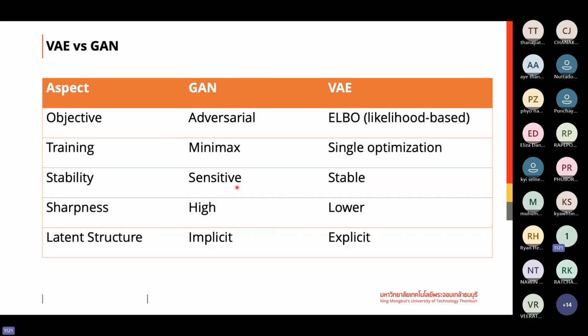By competing with one another, it creates a situation where one may use a shortcut to win, and once it uses the shortcut to win, it always just has that. It would be able to learn the distribution also, but the sharpness is high because everything is encoded in the generators. It doesn't have latent structure.